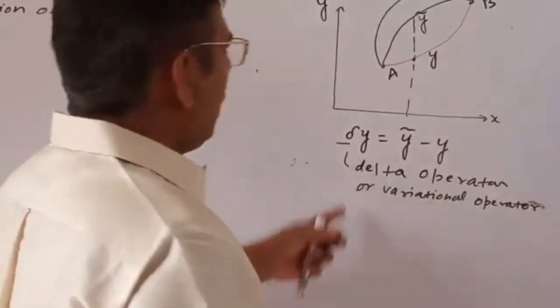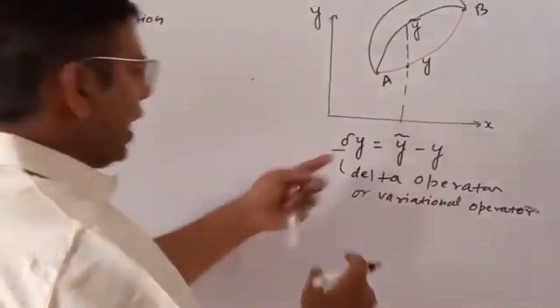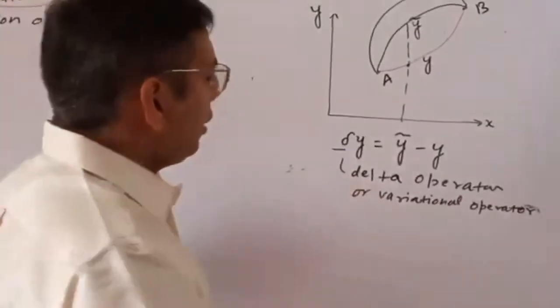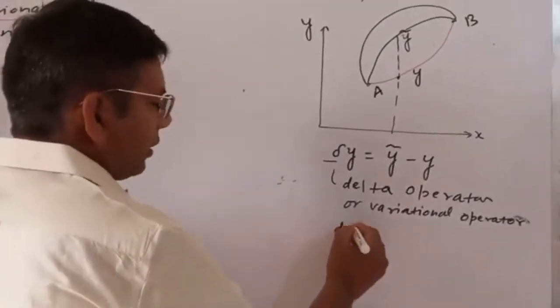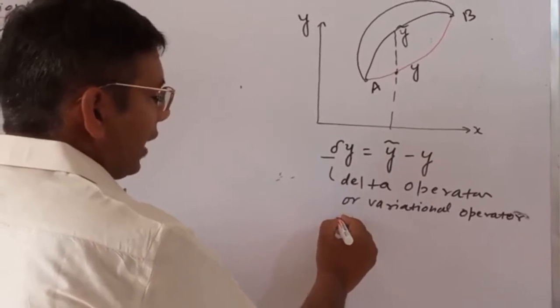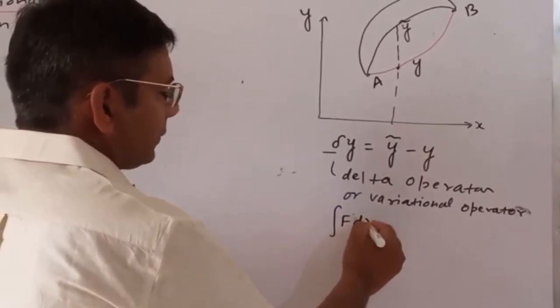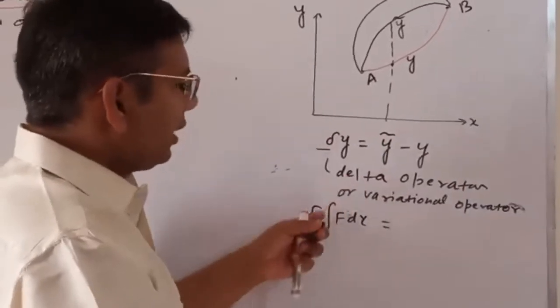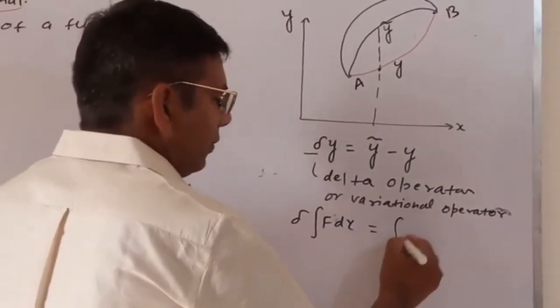This one has the same kind of properties as the differential operator. Suppose we have a function, the integral of f dx, and if we apply the delta operator, we can take it inside.